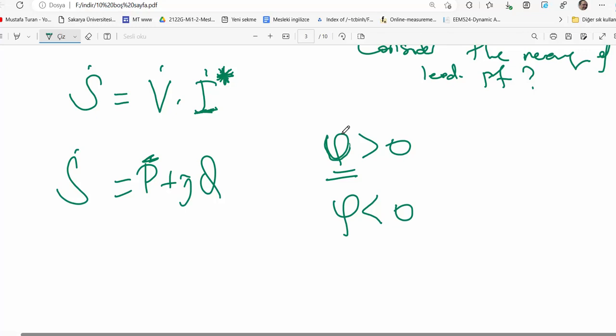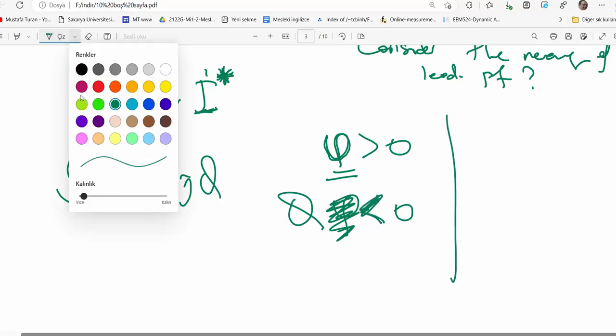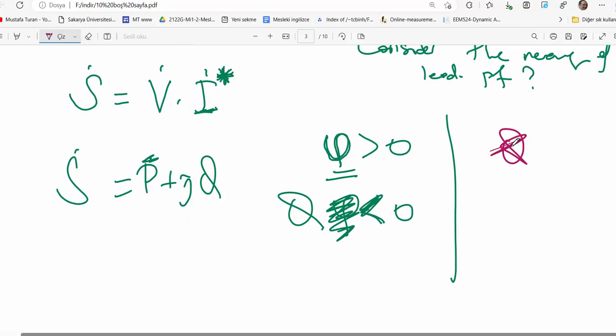If the phase angle is positive, Houston, reactive power would be negative. If the phase angle is negative, in such a case, reactive power is positive.